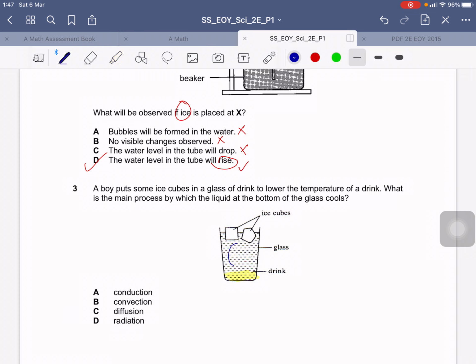Here you have the convection current, so warm liquid, or I should say water, maybe I should say liquid because I don't know is it water or not. So warm liquid will rise, and cooler liquid sinks. Okay, so that will be the convection current, so answer will be B.